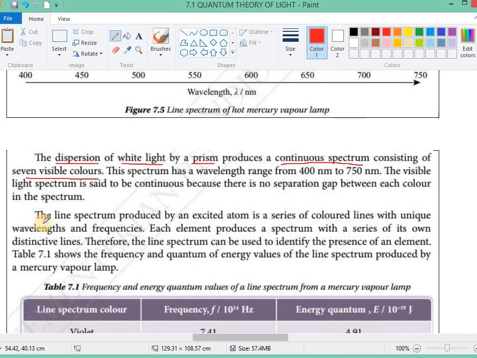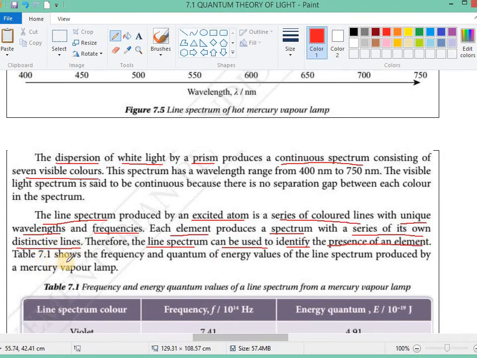So continue. The light spectrum produced by an excited atom is a series of colored lines with unique wavelength and frequency. Each element produces a spectrum with a series of its own distinctive lines. Therefore, the line spectrum can be used to identify the presence of an element.